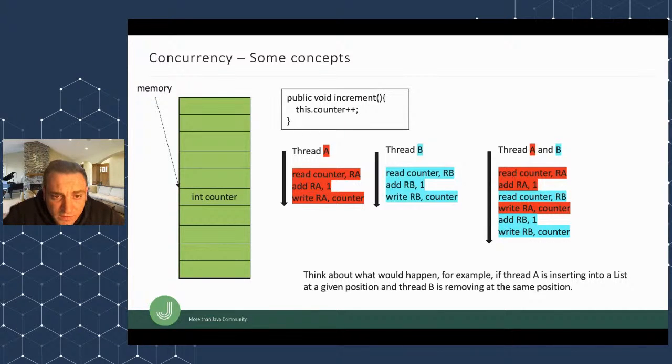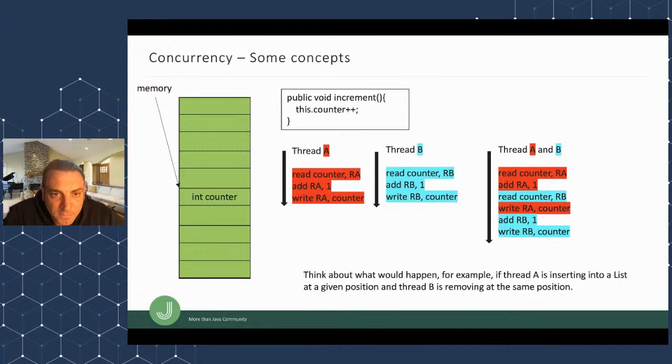The actual instructions to be executed to increment a counter are not just one instruction. The counter is read into a register, a value 1 is added to the content of the register, and then the newly computed value is stored back into memory.